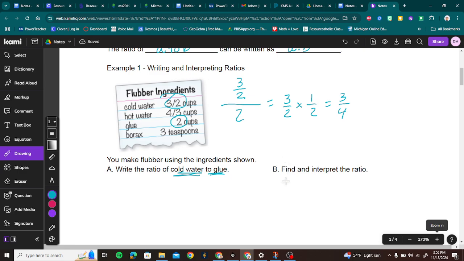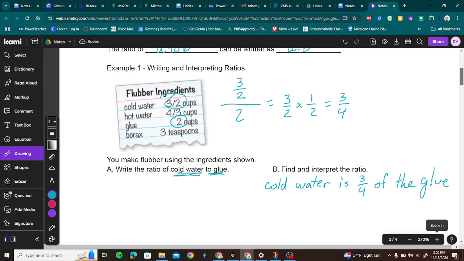So to interpret this, it means the cold water is 3/4 of the glue. So again, this is just simplifying fractions, and we're working through things based off of creating ratios and then understanding what they mean.